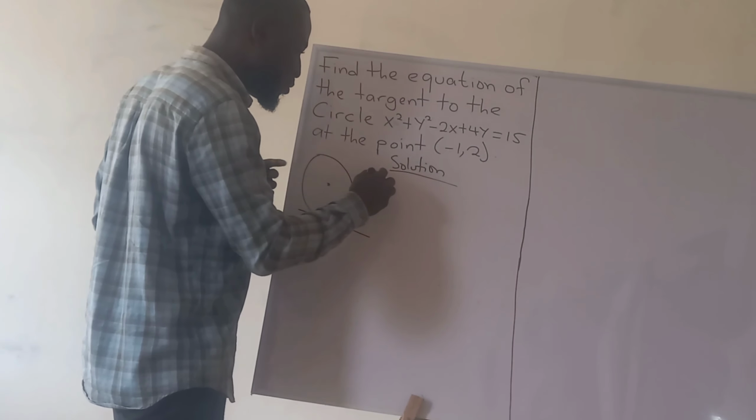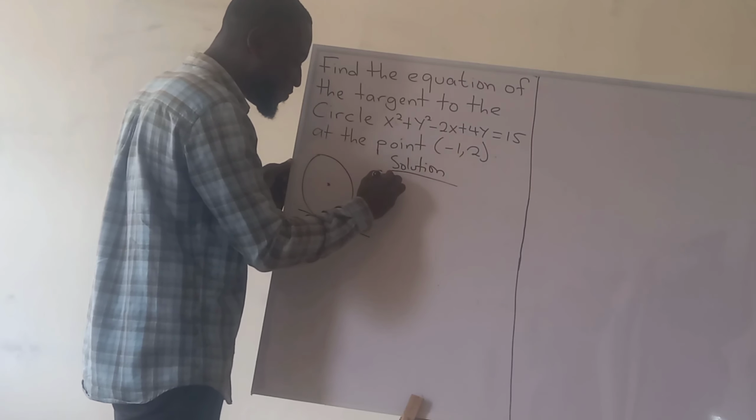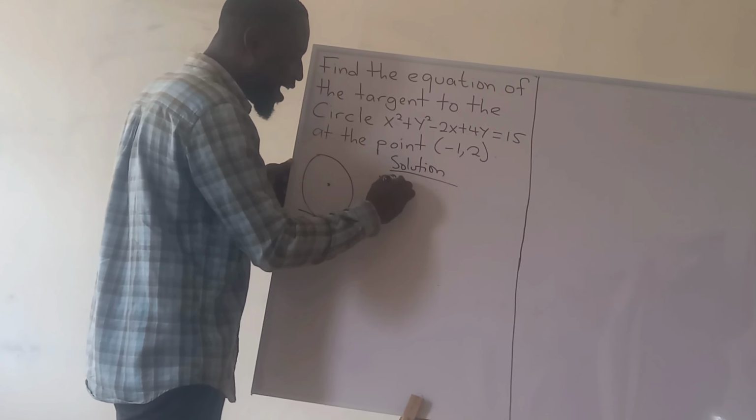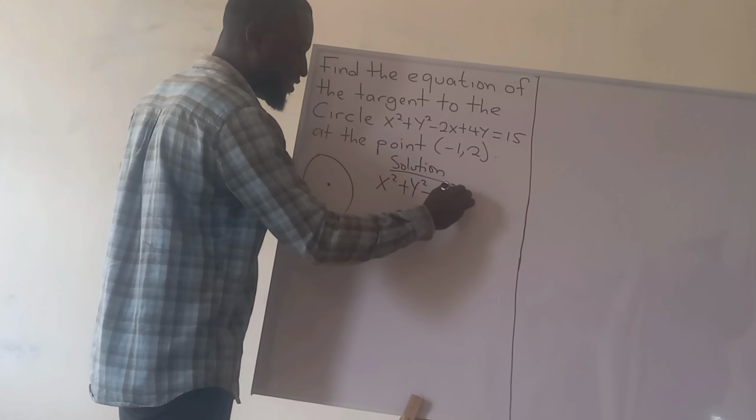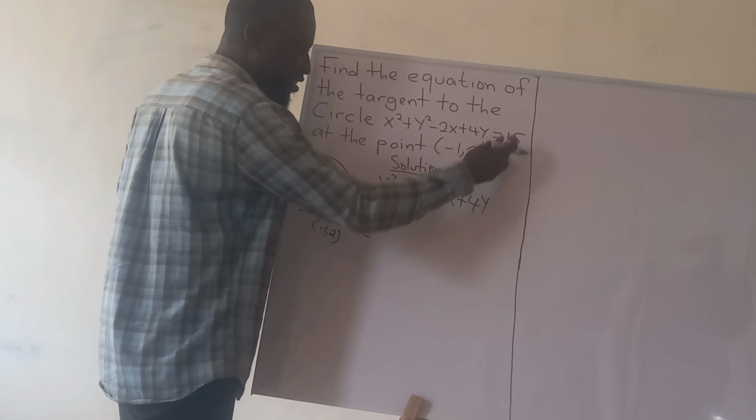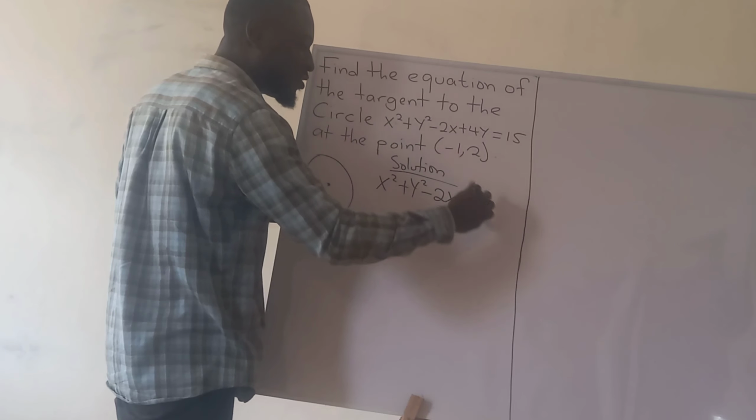Let's do it. So we write the equation of the circle which is being given as x squared plus y squared minus 2x plus 4y minus 15 equals 0. The 15 moves to the left hand side of the equation.